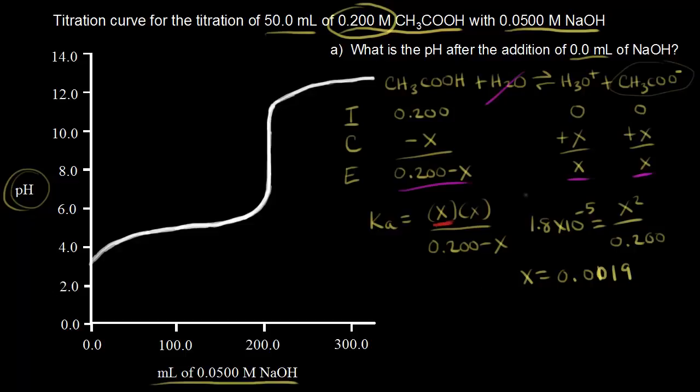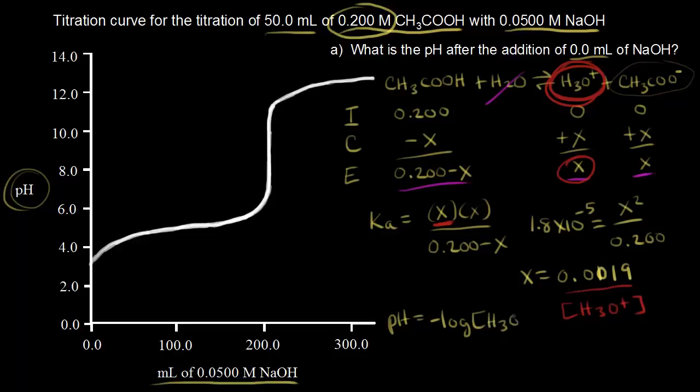So this x right here represents our concentration of hydronium ions at equilibrium. And so finding the pH is very straightforward because we just need to plug the concentration of hydronium into our pH calculation. pH is equal to negative log of the concentration of hydronium. So we take this number 0.0019 and we plug it in here and we can solve for the pH.